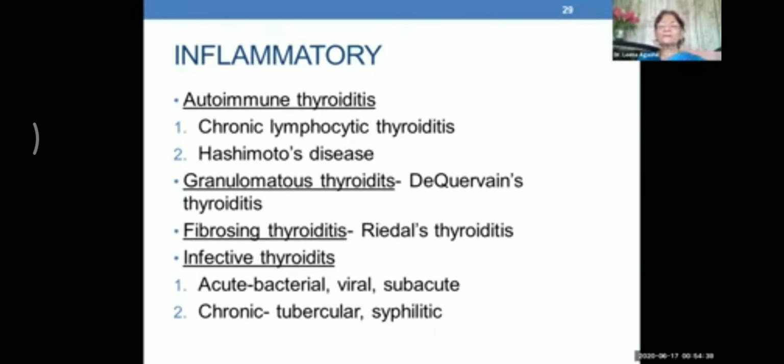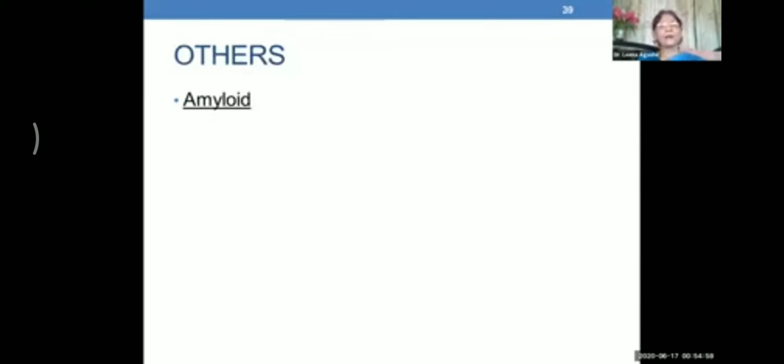Next variety is infective thyroiditis. As we know that in infective lesions, there are two types, acute and chronic. Amongst acute, bacterial thyroiditis, viral thyroiditis, subacute thyroiditis, and amongst chronic, there are tubercular thyroiditis and syphilitic thyroiditis. In other group, amyloid thyroiditis is the example.